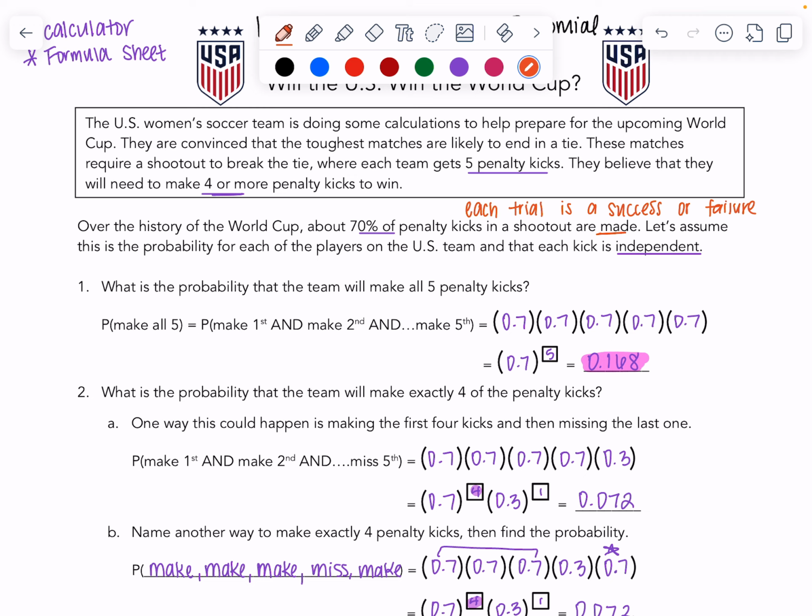Let's go in order. So that's binary, then independent. Oftentimes it's just going to say that it's independent. And here we have that, so each trial is independent. We have that condition. N stands for the number of trials being fixed, and that's met right here. So the number of trials is fixed. And then the last is the same probability of success.